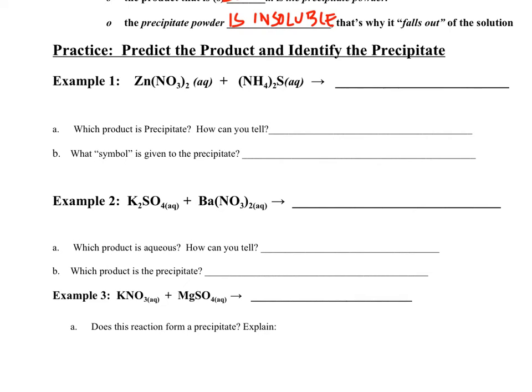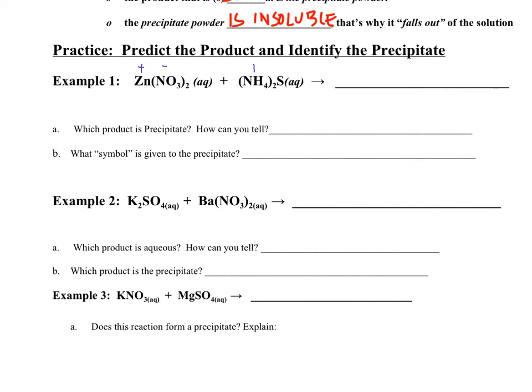Here I've got my first example. Zinc nitrate, which is aqueous, so it's dissolved in water, and ammonium sulfide, also aqueous. Zinc is a metal, it's positive. Nitrate is a polyatomic ion, it's negative.